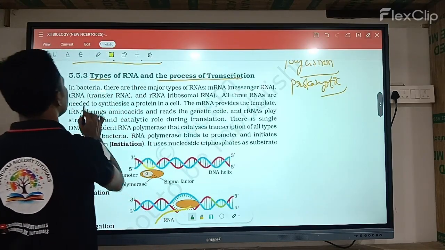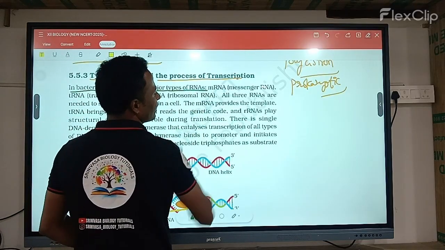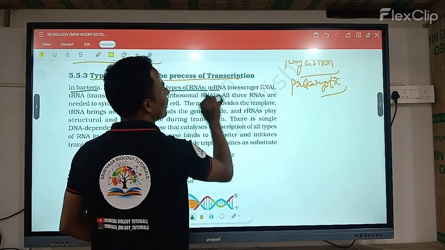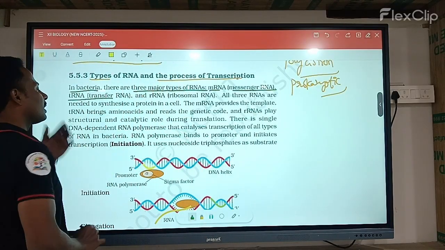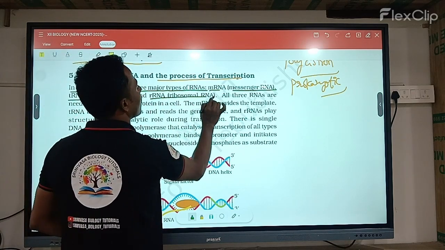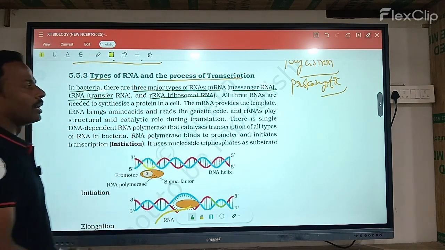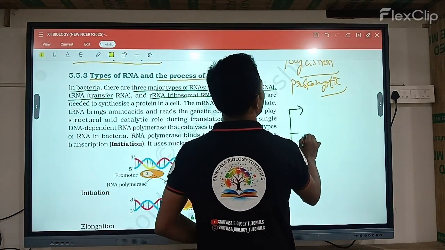First, let's see the three major RNAs present in bacteria. One is mRNA, called messenger RNA, the second is tRNA, called transfer RNA, and the third is ribosomal RNA, called rRNA. So in bacteria, how many RNAs are present?